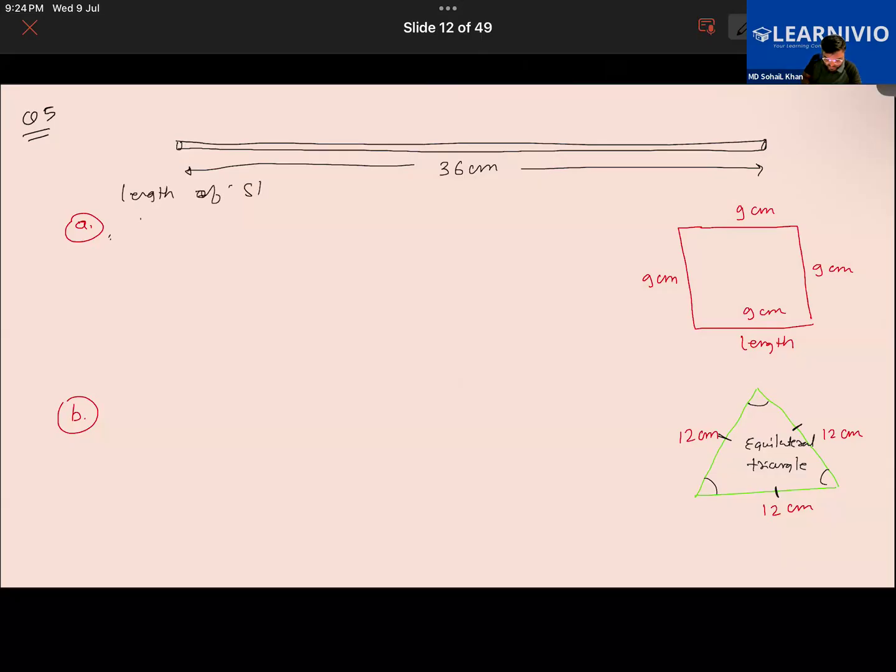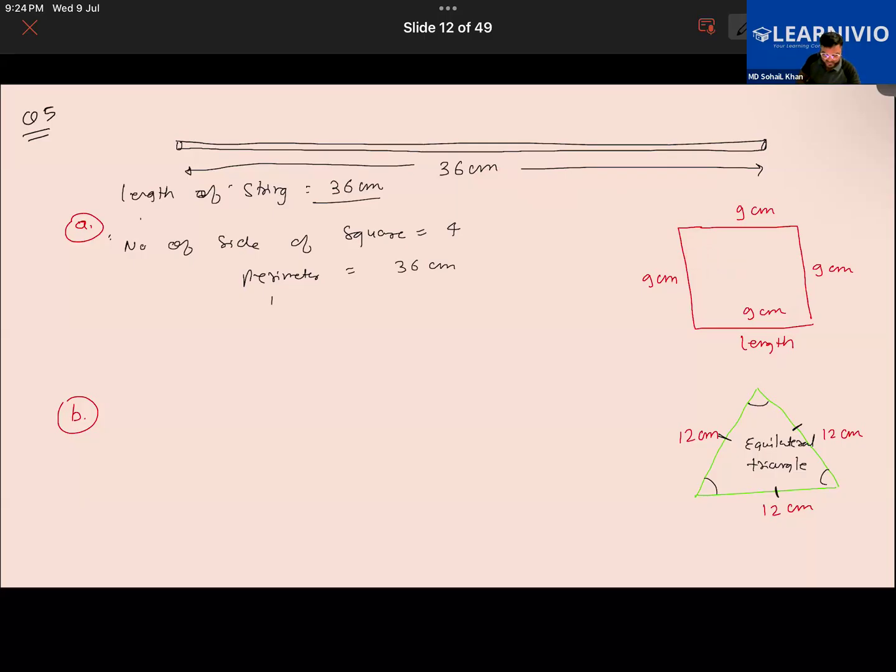Length of a string is how much? 36 centimeter. In question number A, number of sides of a square is 4. So perimeter of the square here is going to be 36 centimeter, because the length of the string is 36 centimeter and that same length has been used to make the square, so it's obviously going to be 36 centimeter only.